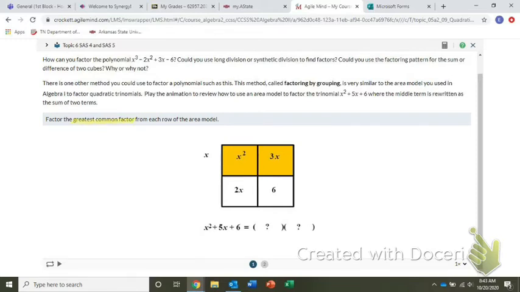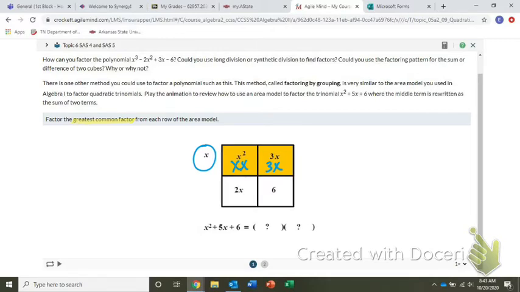So right here, we have an x squared, so we have 2 x's. For a 3x, we have a 3 and an x. So the only thing that those 2 terms have in common is this x, which is where that comes from.